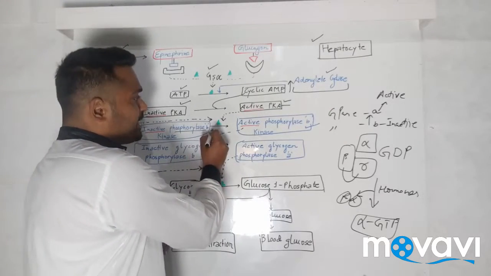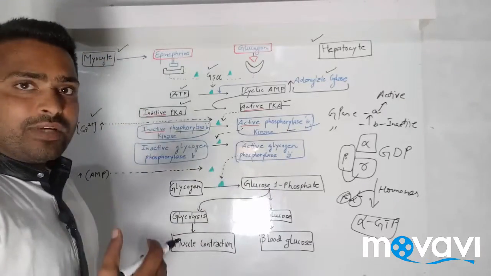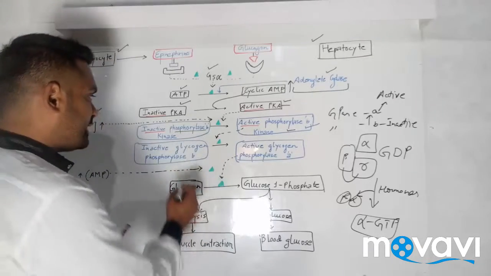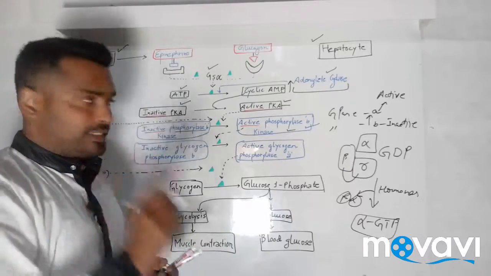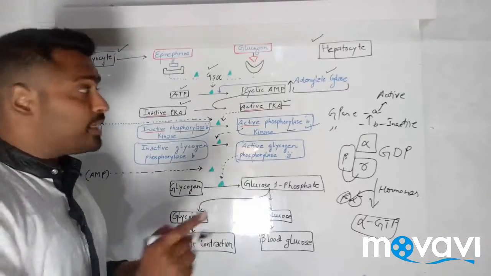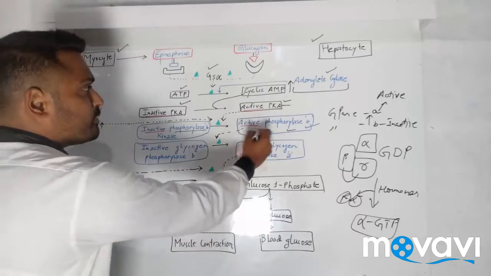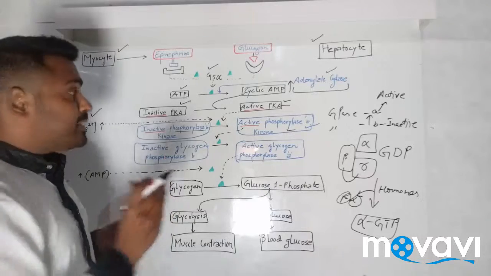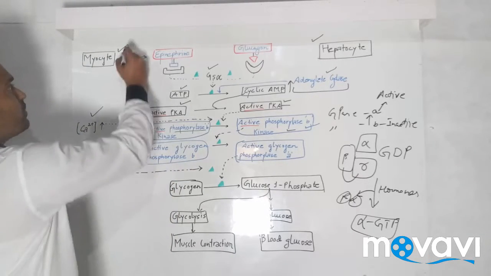This enzyme, when it gets activated, is going to activate another enzyme which is what we are interested in, that is glycogen phosphorylase in its B form, the inactivated form, which gets activated with the help of phosphorylase B kinase. This phosphorylase B kinase in turn can be activated by one more thing, that is calcium in case of muscles.